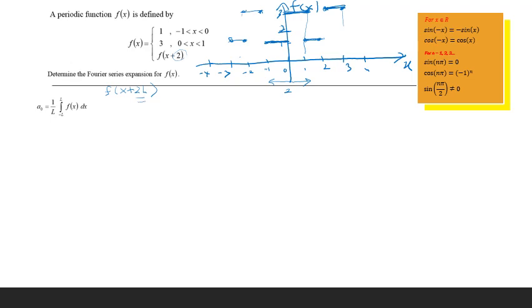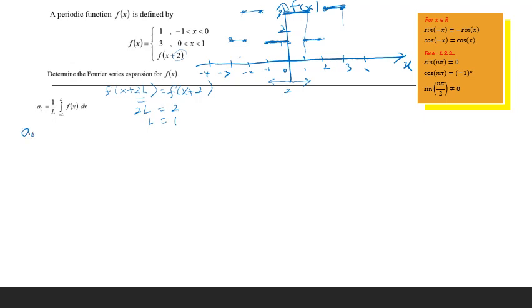So based on this question, we have f(x + 2). To get L, we can compare both and we get 2L equal to 2, so L equal to 1. After we get L equal to 1, we can substitute into the formula.